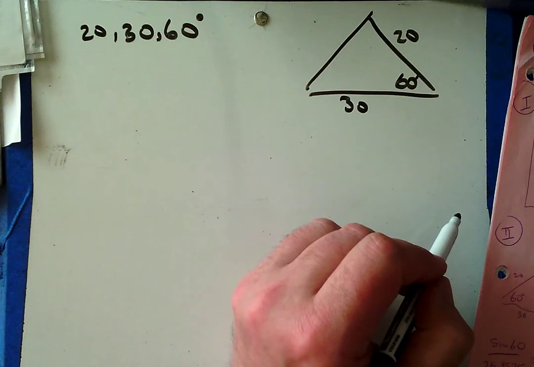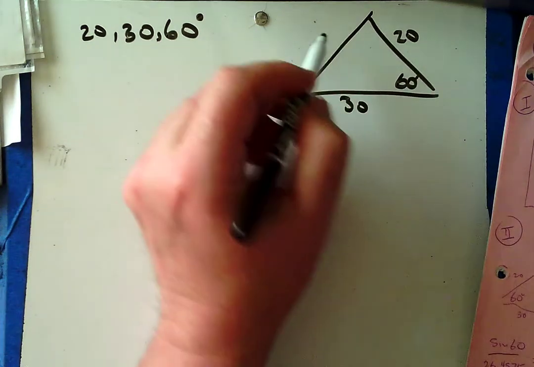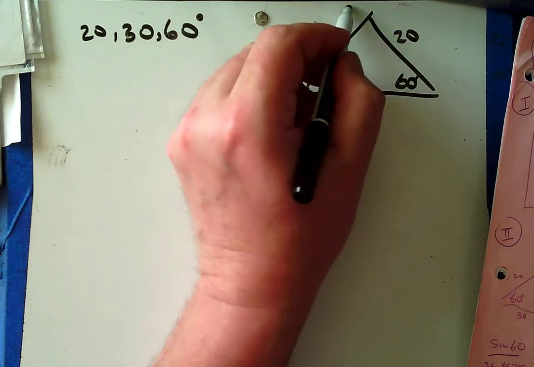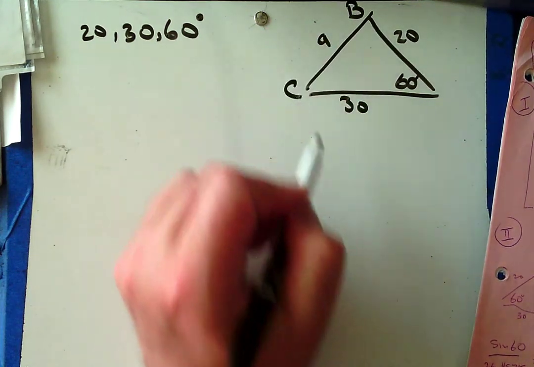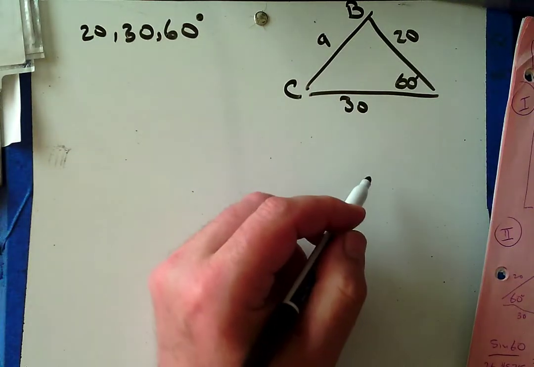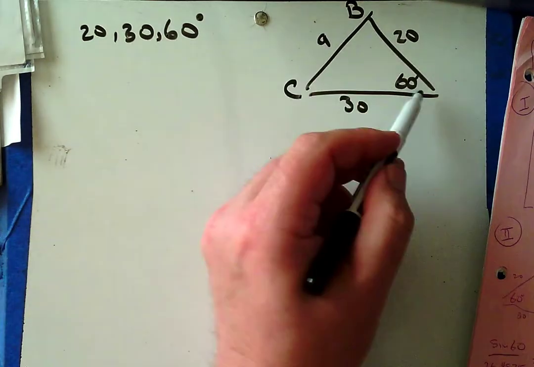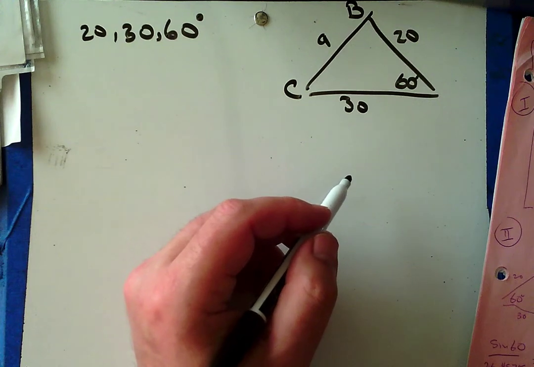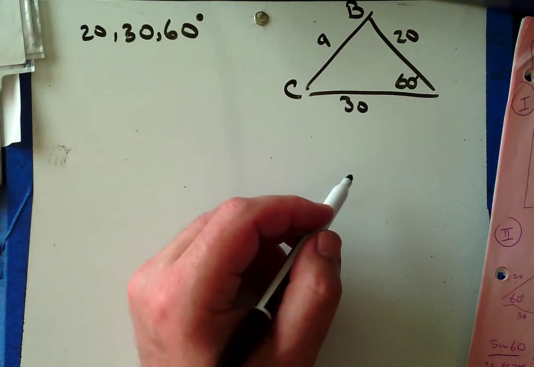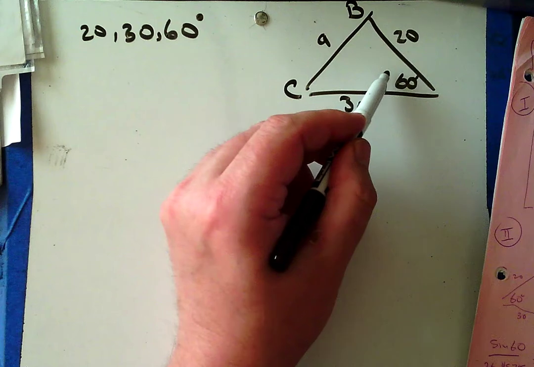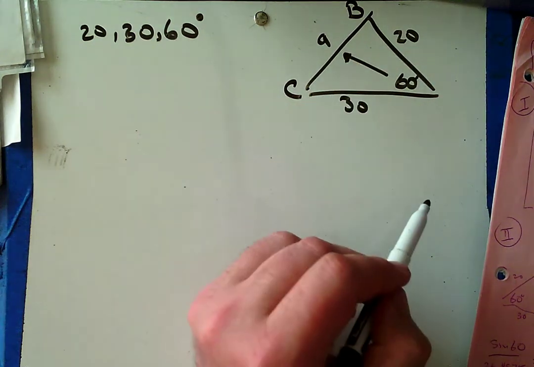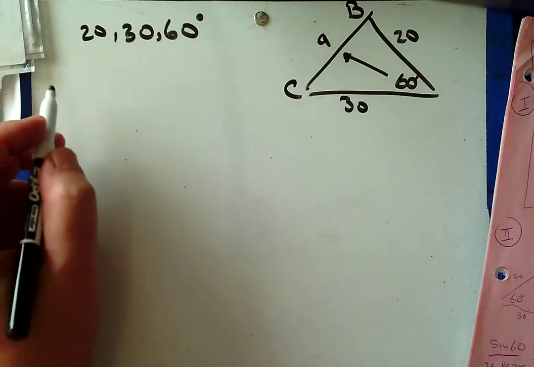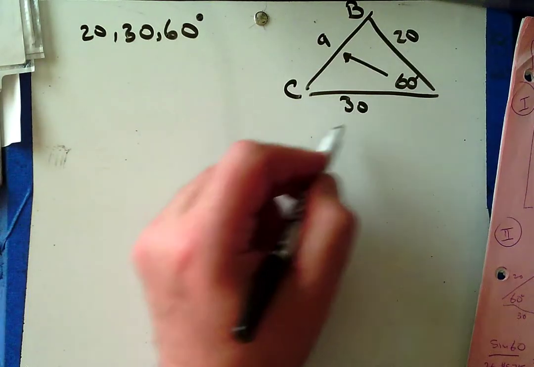Let's say that this is little a, this is big B, and this is big C. And we need to find these other things. We don't have an opposite side angle pair, so we can't use law of sines. So we're going to have to use law of cosines. And I recommend using law of cosines to find that first. Okay? So, because this is our side angle side situation.